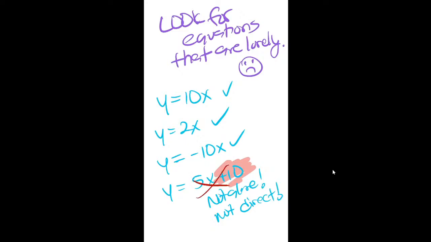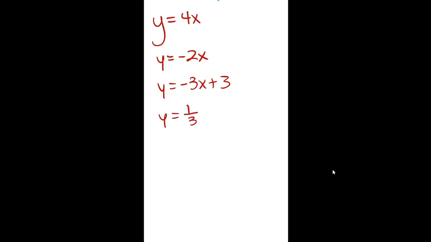All right? So with that in mind, now you try a couple of practices. And again, this first part should be super easy because now that I've given you that, you can look at these and pick it out. Give it a shot. Y equals 4x. Y equals negative 2x. Y equals negative 3x plus 3. Y equals 1/3 x.